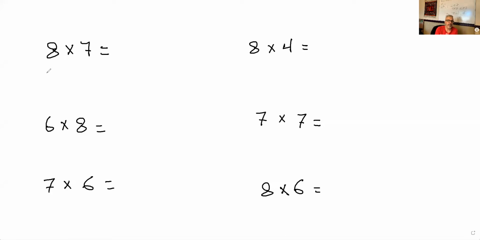As I said, the 9, I showed you how to do it. It's very easy. For the 8 and 7, again, we look at how far 8 is from 10, which is 2. You put the 2 right on top of the 7. And how far 7 is away from 10 is 3. You put the 3 on top of the 8. Now you multiply these 2 numbers and you get 6.